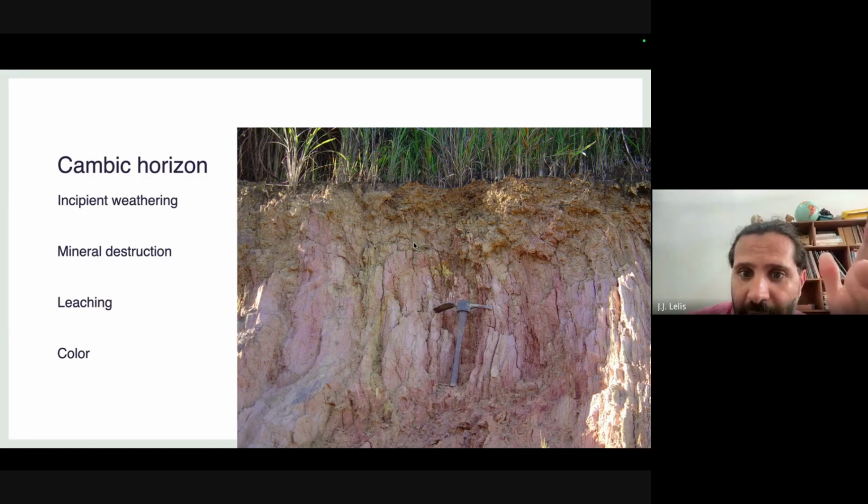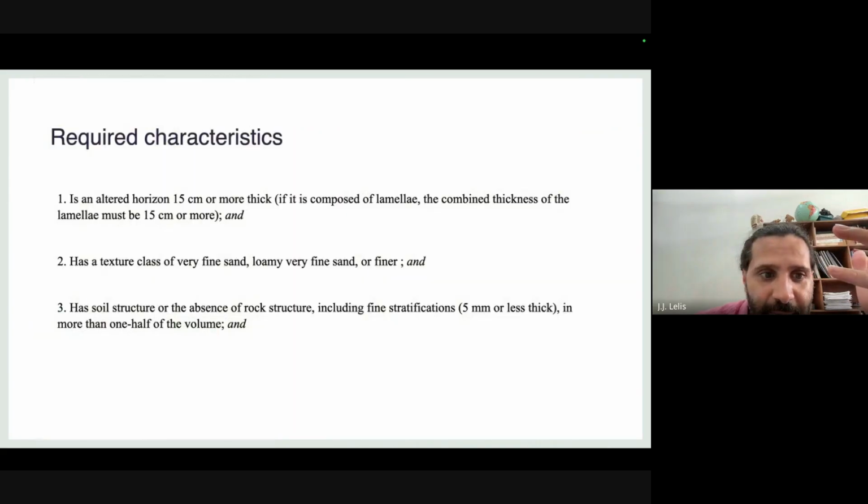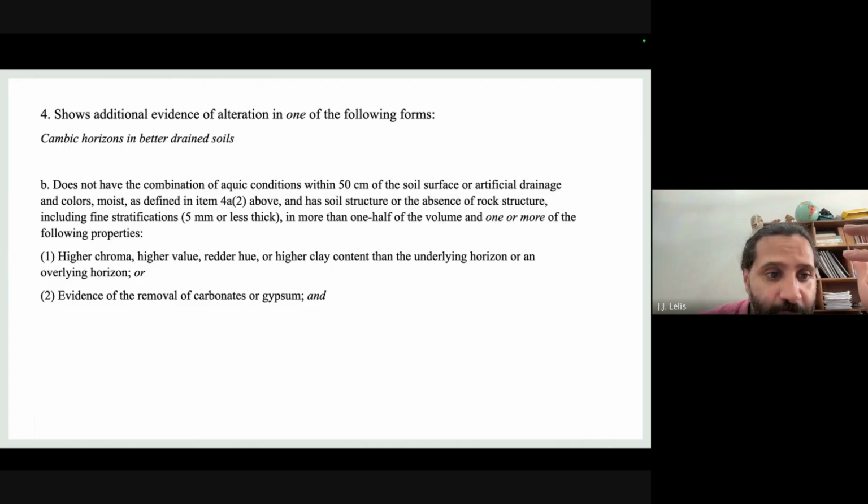This darker color is connected to a higher value and or a higher chroma than this. So if I register a higher value and or a higher chroma, I'm saying that this horizon fits this criteria: a higher chroma or a higher value or rather hue, or even a higher clay content than the underlying horizon. So it's not a percentage, it's just a comparison, okay?